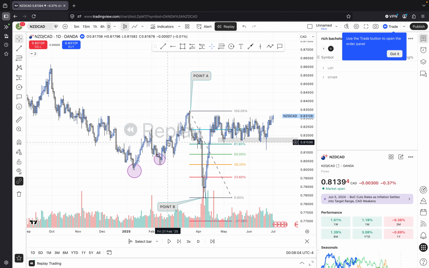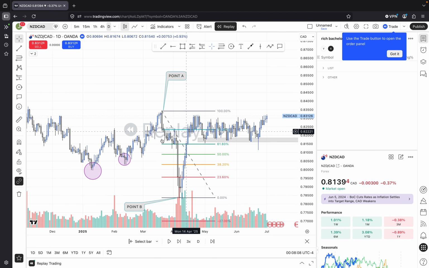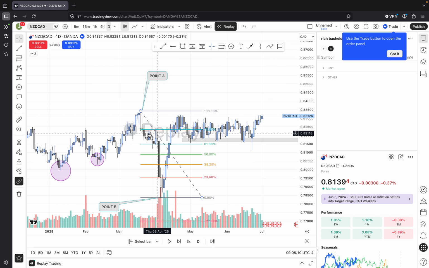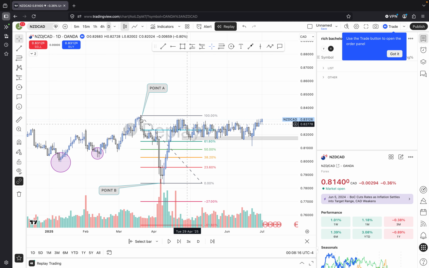But it could have easily continued upward, but it didn't. Price broke structure again, and it happened right here. So now we know that we're in a downtrend. That's how we got our point A, point B, our indication.